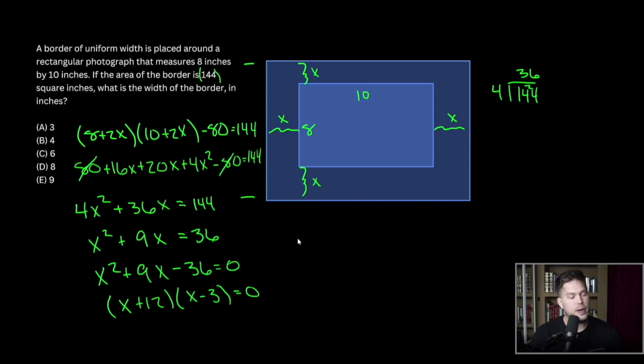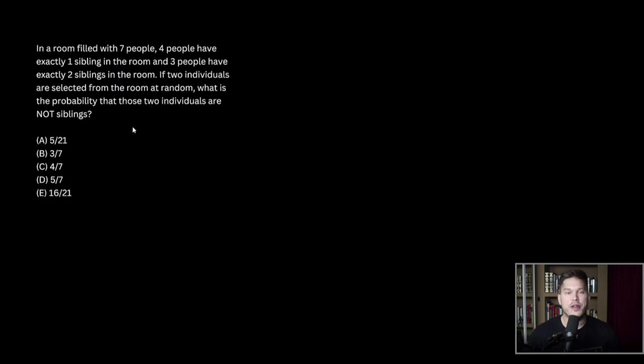And this tells me that my solutions are positive 3 and negative 12. Obviously, you can't have a negative length for your border, so that tells me that my border is 3 inches, answer choice A.